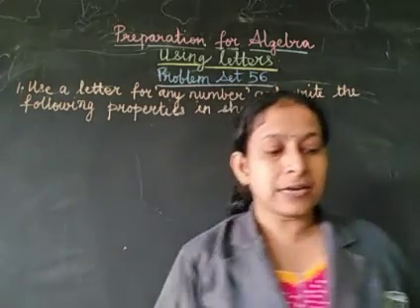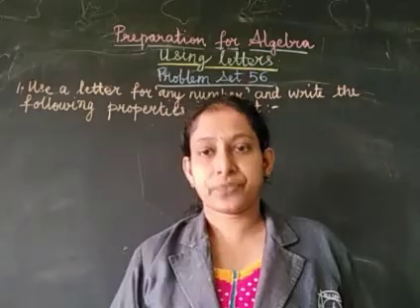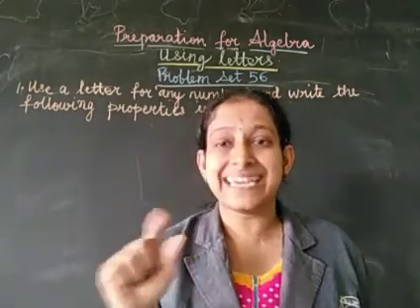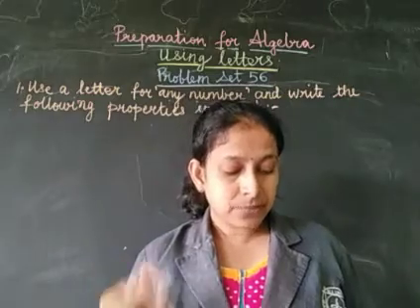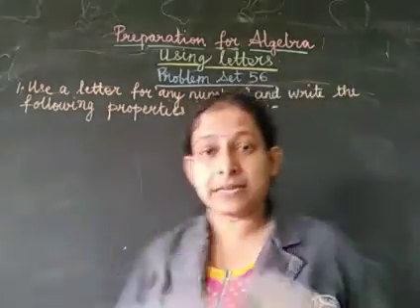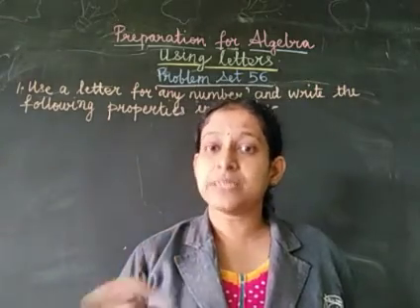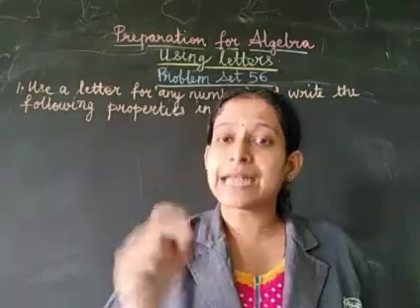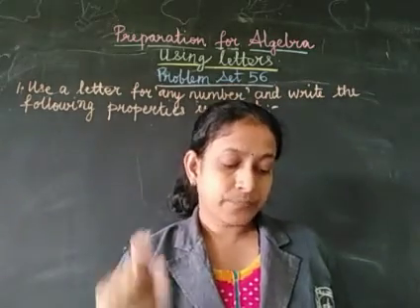So I will read out the first question to you, that is the sum. Always remember, sum means addition, so you will write the sign plus there. The sum of any number. So here it is said in place of any number you have to write the letter. So the sum of any number means you will have to take a letter and add to it what?